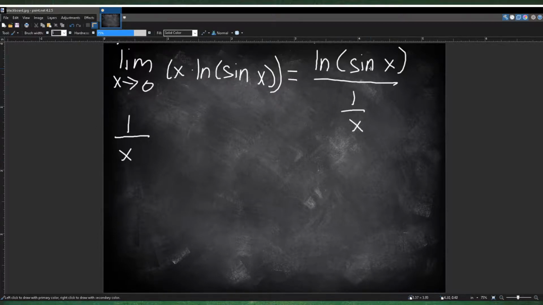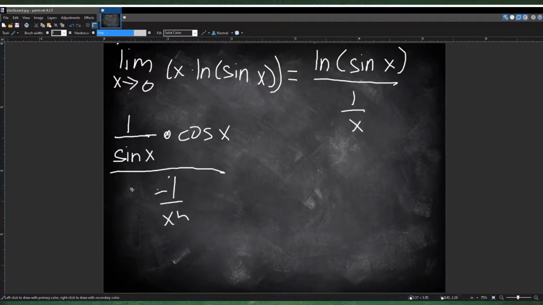So x will be substituted by sine of x, times the derivative inside, which is the derivative of sine of x, which is cosine of x. That's all the numerator, right? Now we have to do the bottom part, which is 1 over x. The derivative of 1 over x, as I showed before, is just negative 1 over x squared.